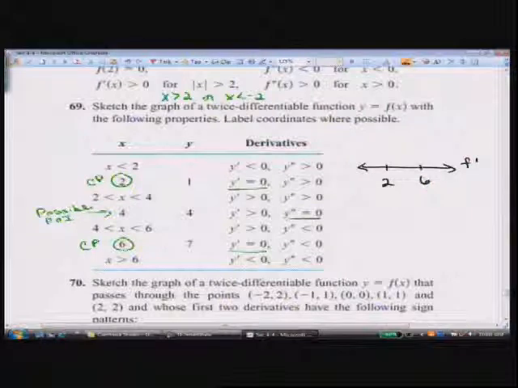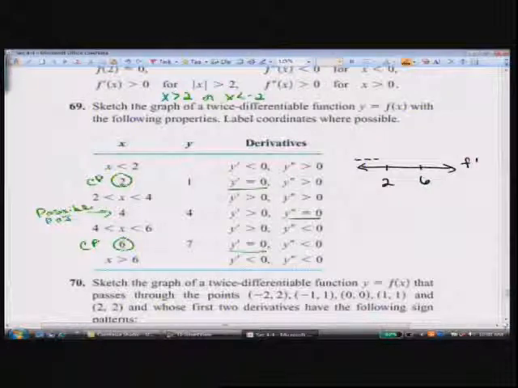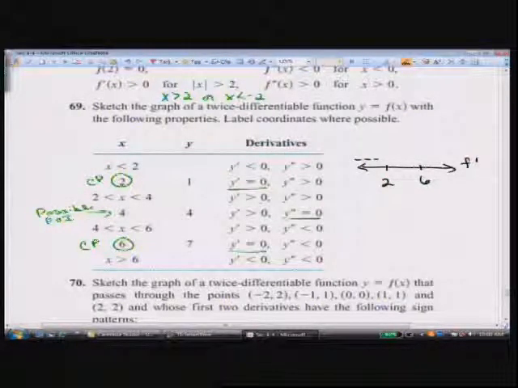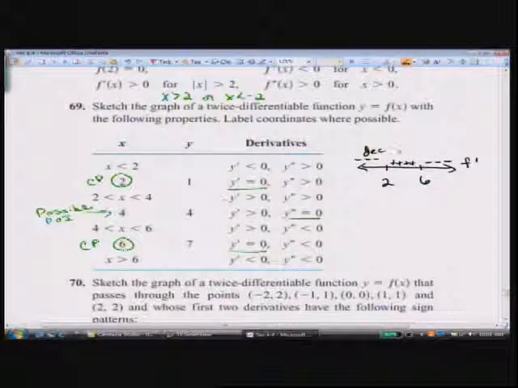Now, my first derivative is less than 0 when x is less than 2, so I'm negative. And my first derivative is greater than 0 between 2 and 4 and between 4 and 6. So it's positive between 2 and 6. And then when x is greater than 6, my first derivative is less than 0. Okay, so I'm decreasing, increasing, decreasing.